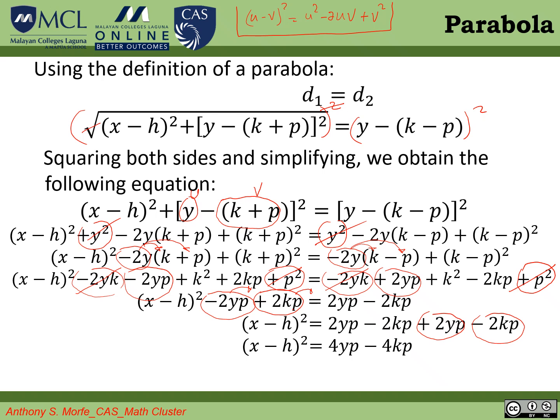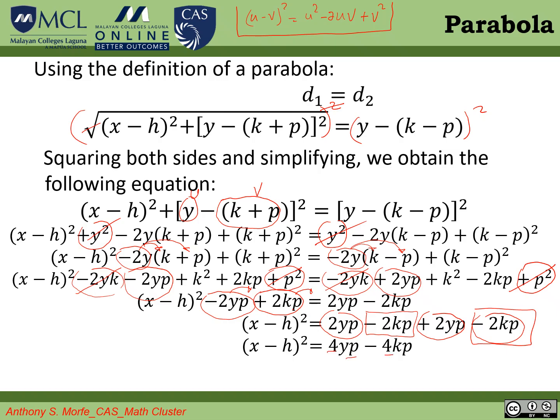So when you combine them, we have 2yp plus 2yp, that is 4yp. Okay, so we combine this and this one, and then we combine this negative 2kp, negative 2kp, so this is negative 4kp. And then after that, you factor the common. The common here is 4p.